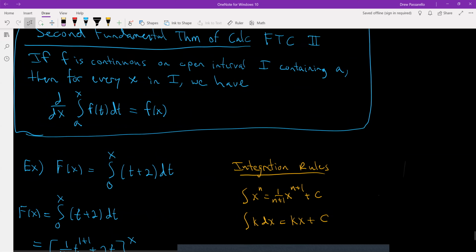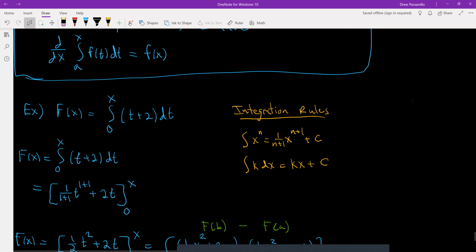And so as an example, I demonstrated if you had, let's say, capital F of x equal to the integral from 0 to x of t plus 2 dt. So I'm going to integrate it using the integration rules. For t, that's t to the first power, so you add 1 to that, t to the 1 plus 1, and you divide by 1 plus 1.